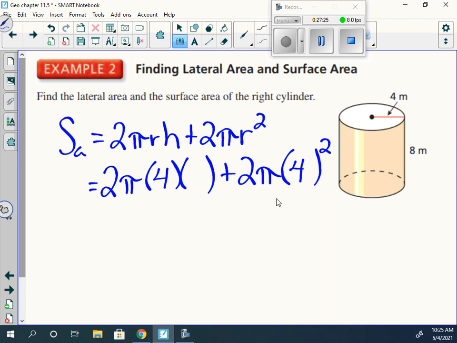And now what would the height be? 8, because it says it's 8 meters tall. And now what do we need to do to find the surface area? Plug it all in. Type all this into the calculator, because it'll do it for you. We don't have to do this by hand.